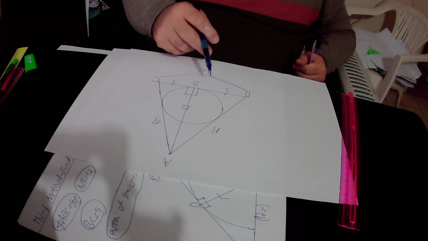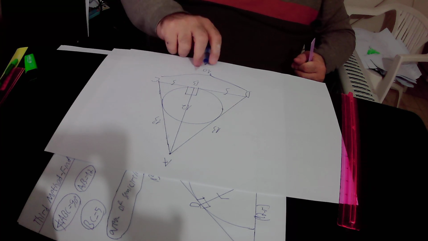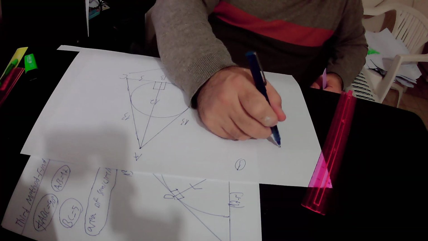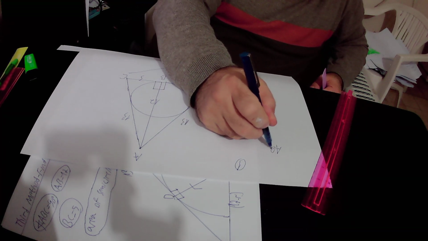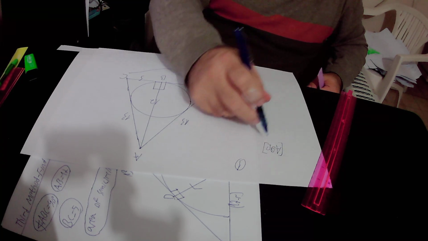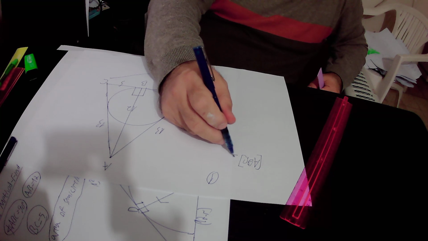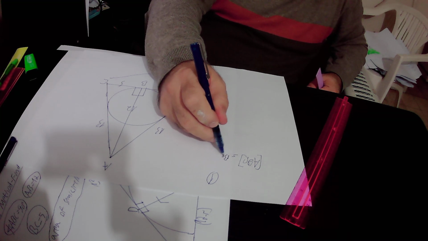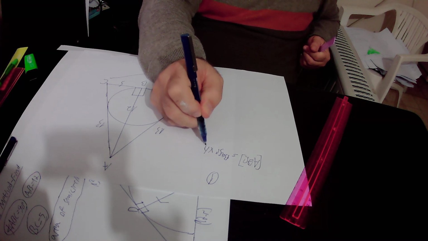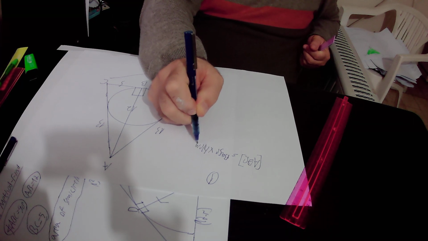and the area of the isosceles triangle ADC will be equal to the base of the triangle. This is the sign of the area, the brackets mean the area of triangle ADC will be equal to the base of the triangle times the height to the base over 2.